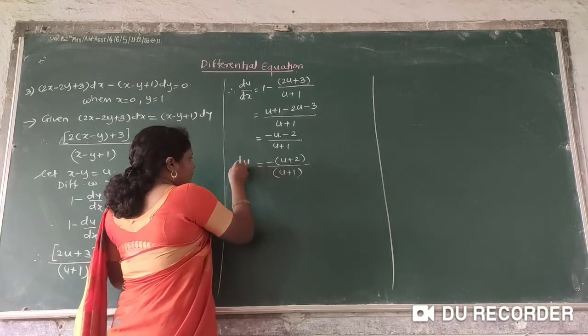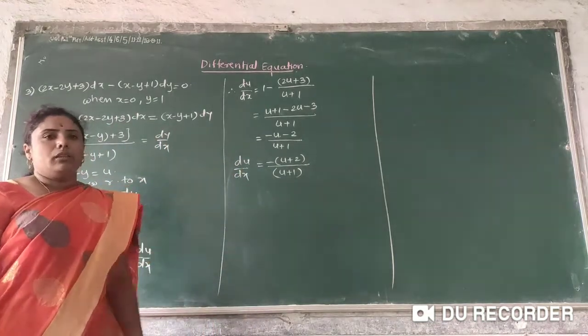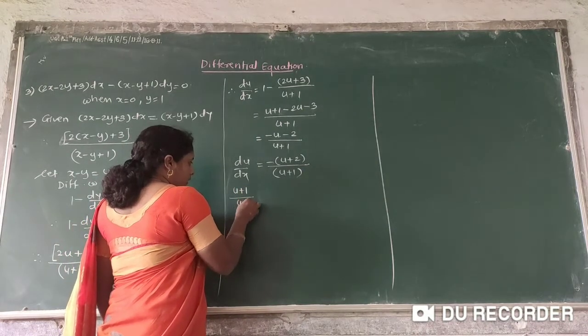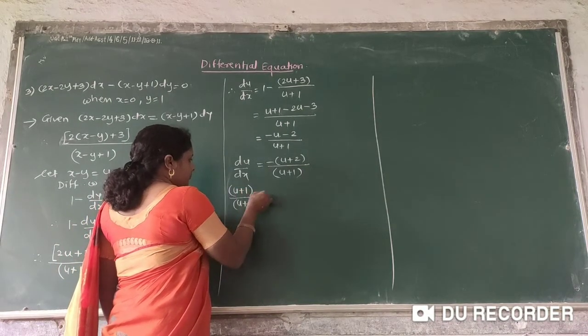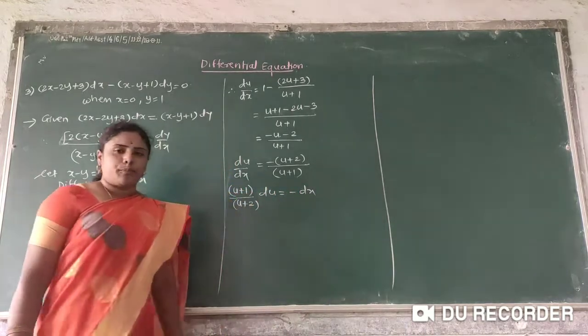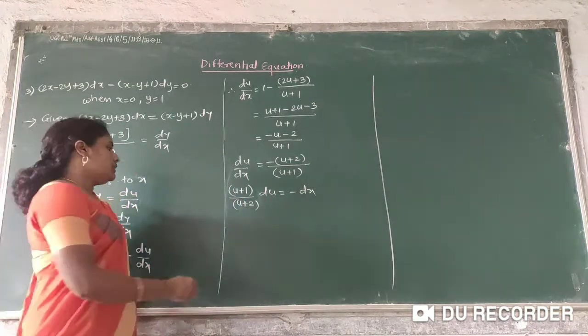This is the value of du by dx. Again separating the variables, we get (u plus 1) upon (u plus 2) du is equal to minus dx. And observe, this is the variable separable form, it is VS form.